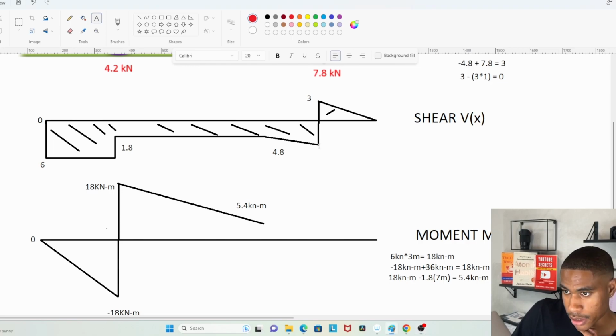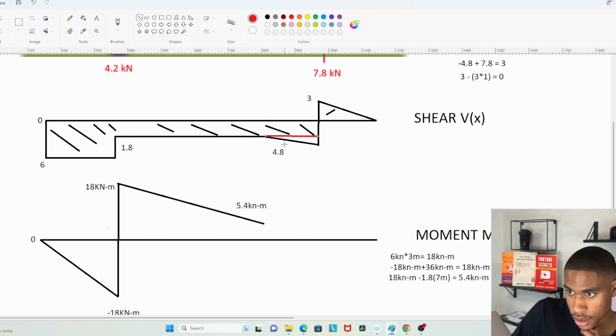I like to break this area up by treating part of it as a rectangle and the other part as a triangle.